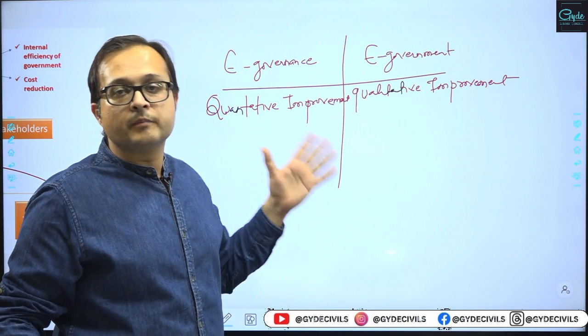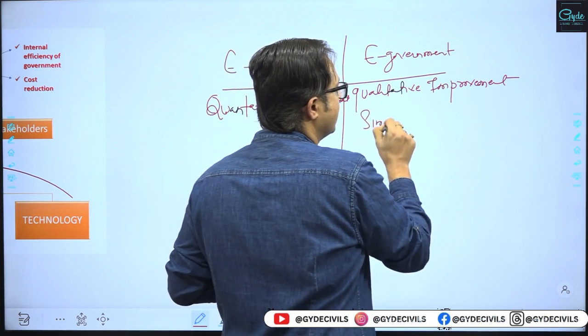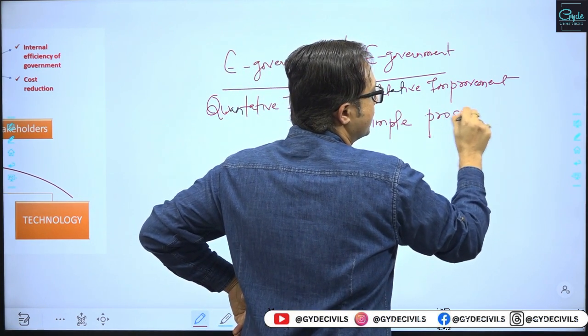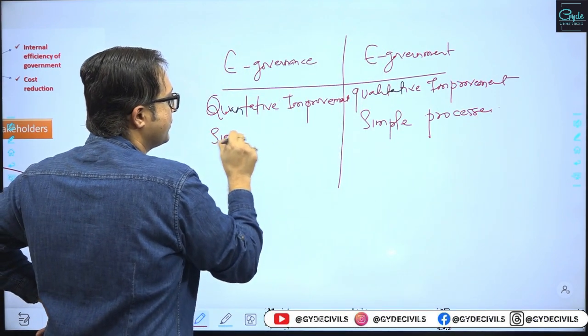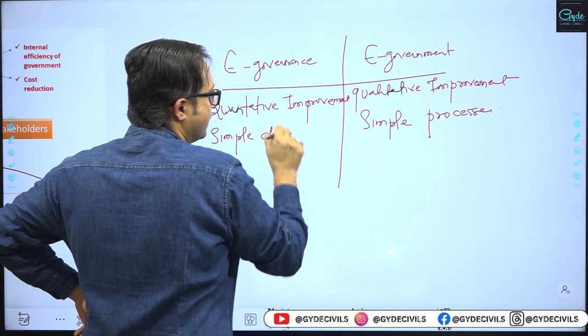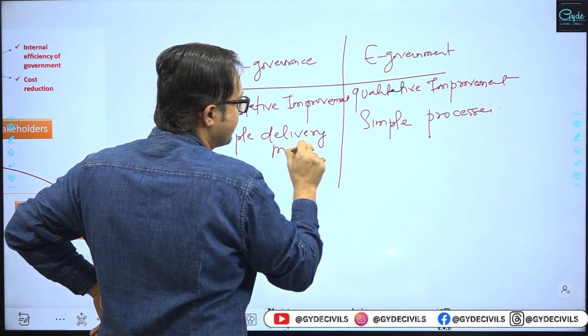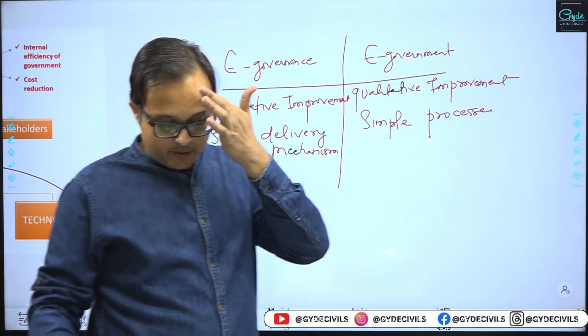This is a simple service delivery mechanism, right? These are simple processes of administration. These are simple delivery mechanisms also, right?